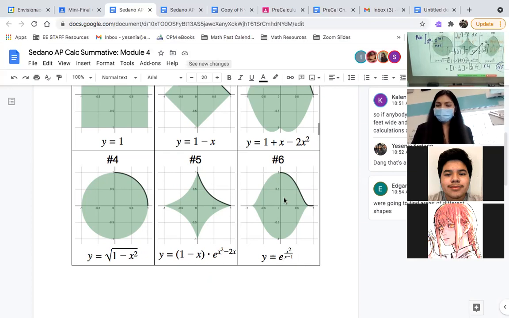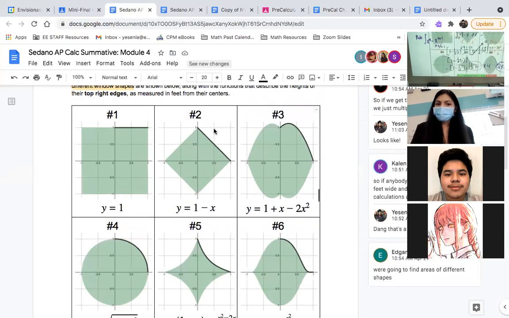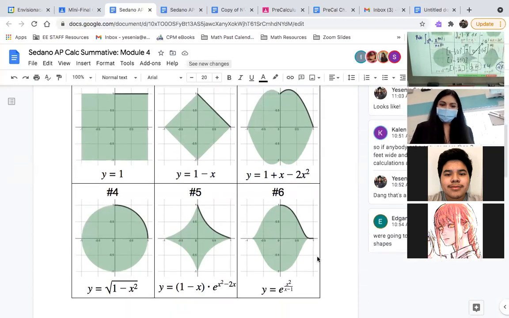So I recommend Riemann sums. And if you have any other ideas to approximate, like I said, notice how number 5 looks like number 2, but you know that the area is less, so you can approximate in that manner. So yes, Riemann sums for 5 and 6.